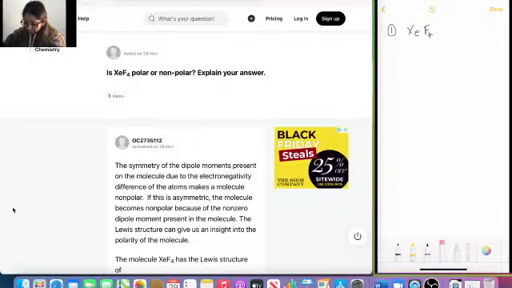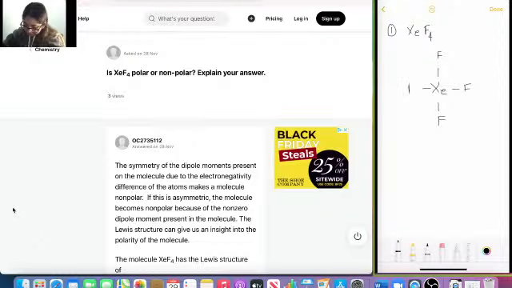We first have to see what this structure basically is, so let's first draw out the structure. As you can probably guess, our central atom here would be xenon and our fluorines would be surrounding it.